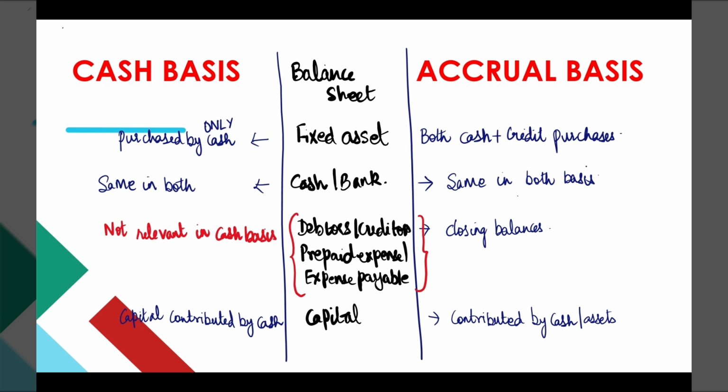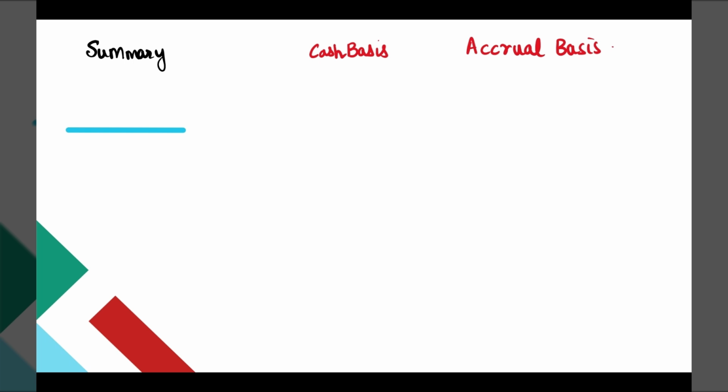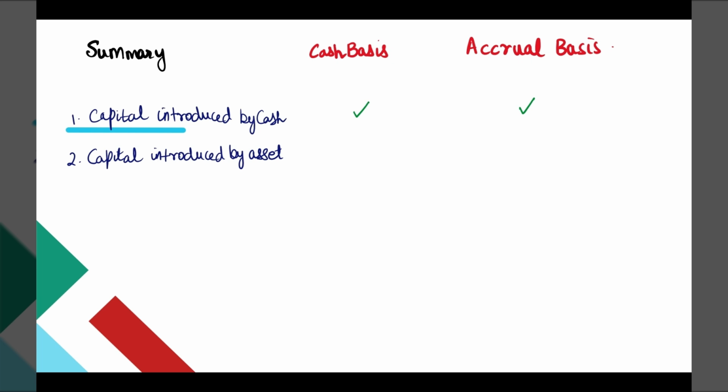So in summary, what we have learned so far is: capital introduced by cash gets covered in both cash basis and accrual basis. Capital introduced by asset is not accounted in cash basis of accounting because there is no cash inflow or outflow. Whereas in accrual basis, it is being accounted.